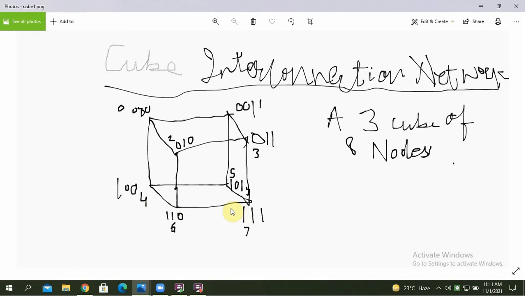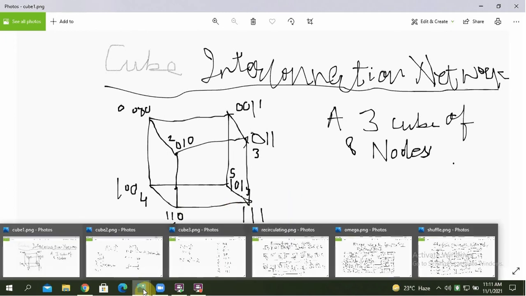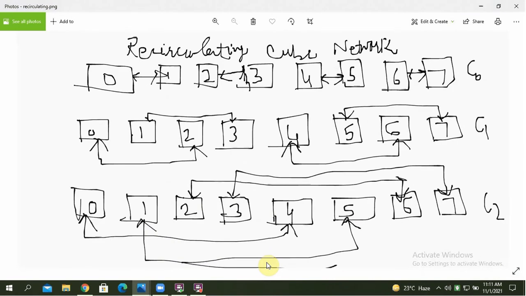The implementation of a single stage cube network for n equal to 8 is the recirculating cube network.